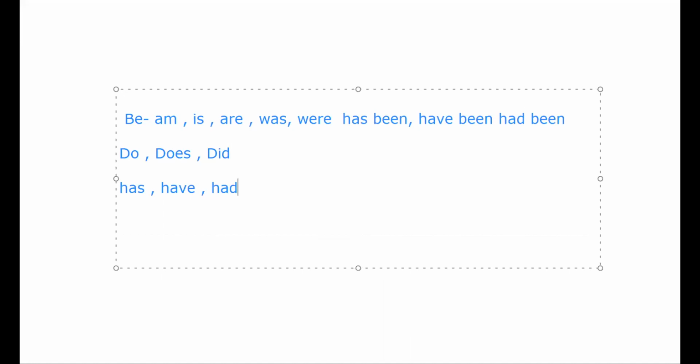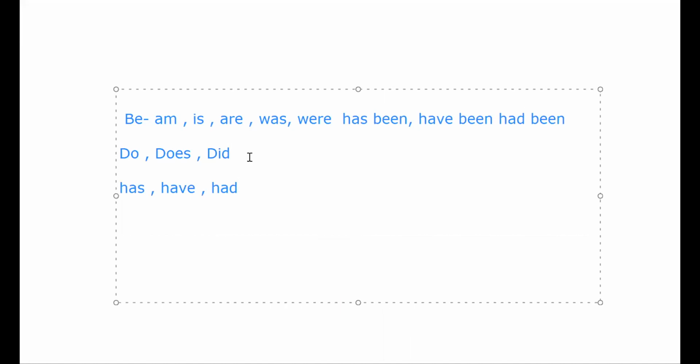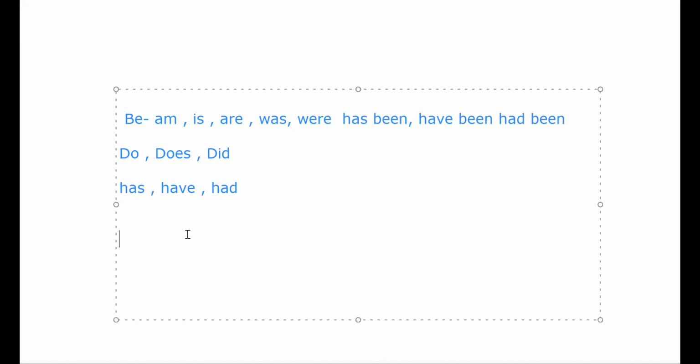Possession. Okay. Then the other set which I'm giving are modal verbs. Will, would, can, could, may, might. We have some more. Shall, should.